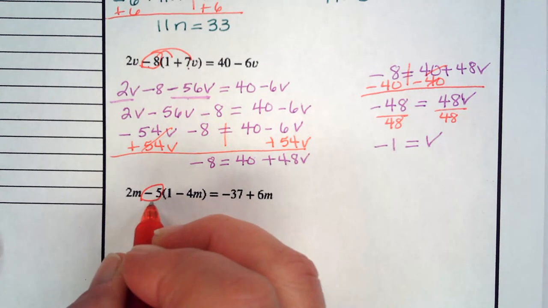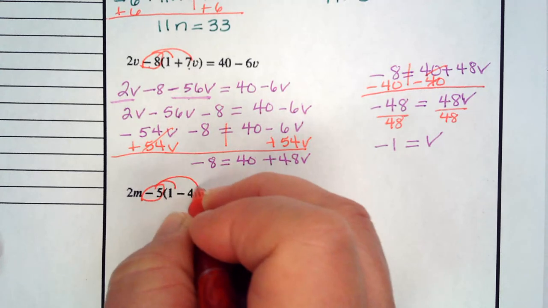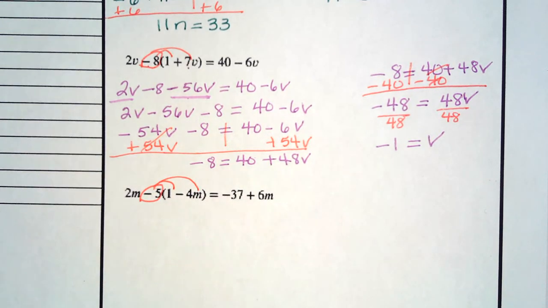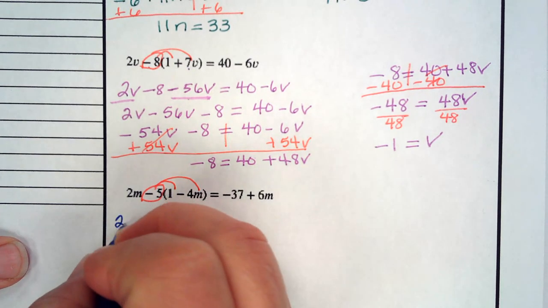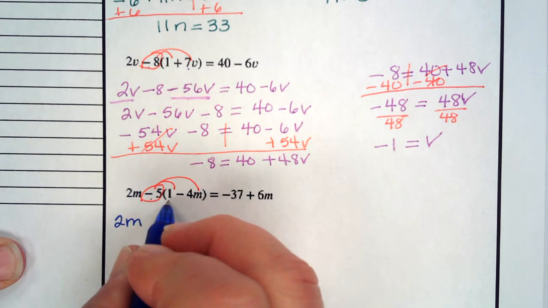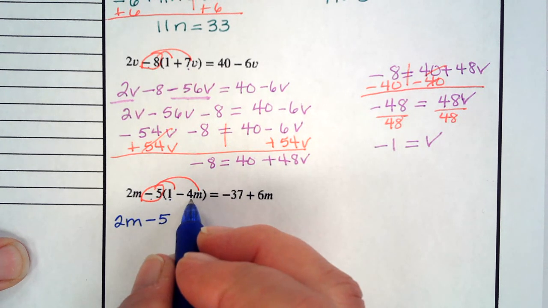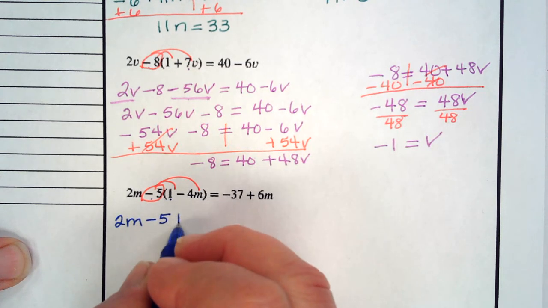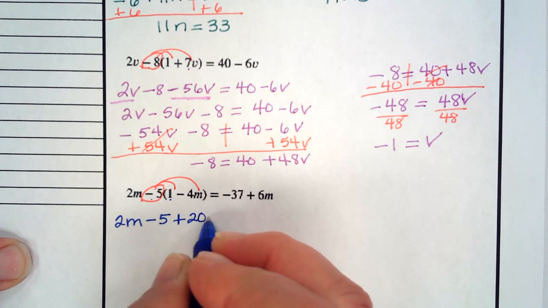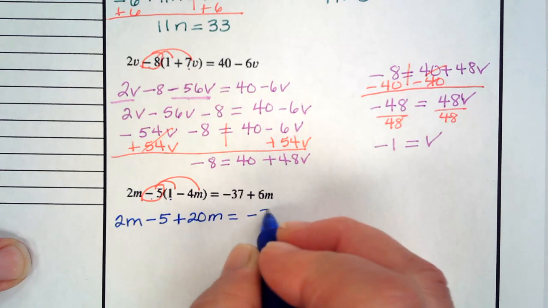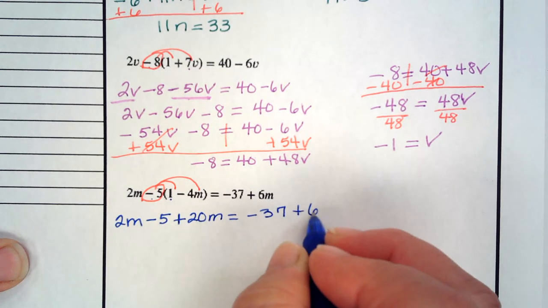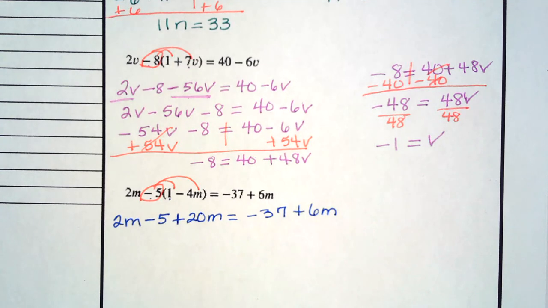We're going to distribute a negative 5. So the 2m does not change. Bring it straight down. Negative 5 times 1 is negative 5. Negative 5 times negative 4m, negative times negative is a positive 20m, equals negative 37 plus 6m. You're looking for like terms. Do we have like terms?